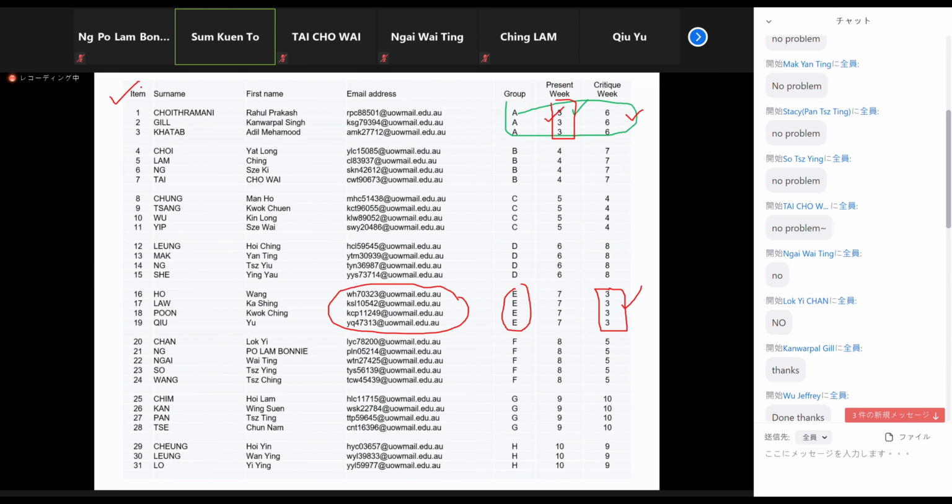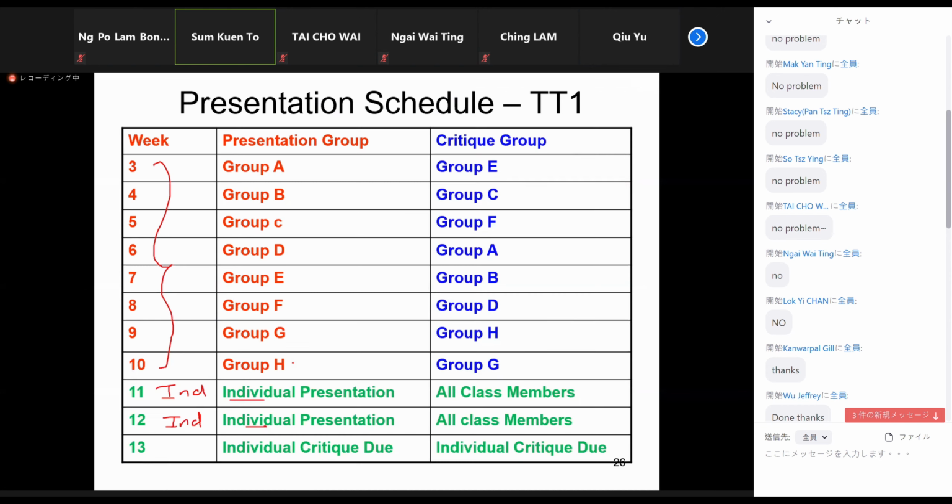If I am presenting, for example, I'm group G, presenting week 9, then you need to send your material to group H because they are doing the critique in week 9. In case you don't understand how it works now, here should be a clear one. So this is the schedule I will also attach.